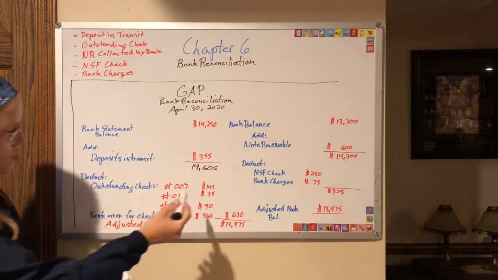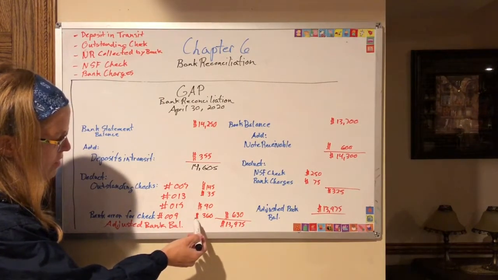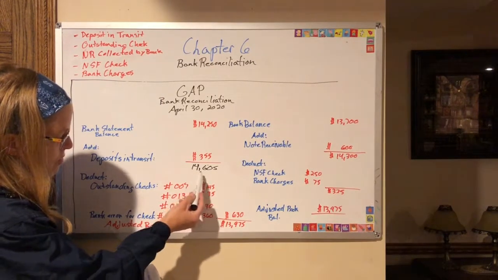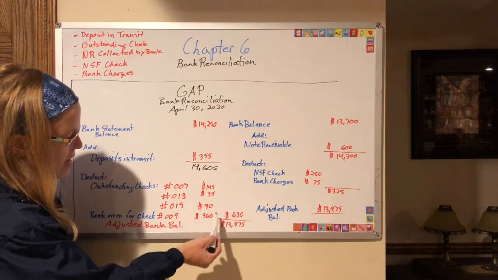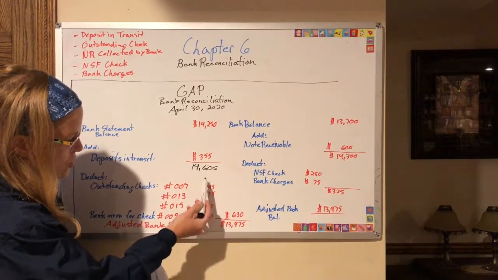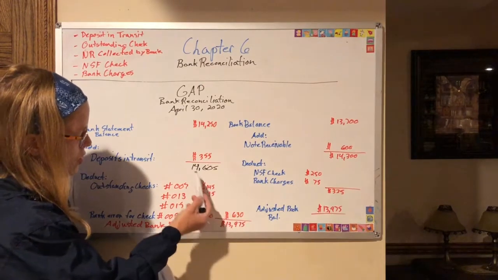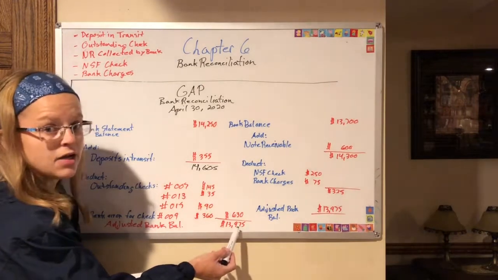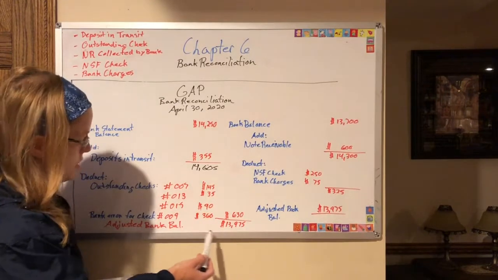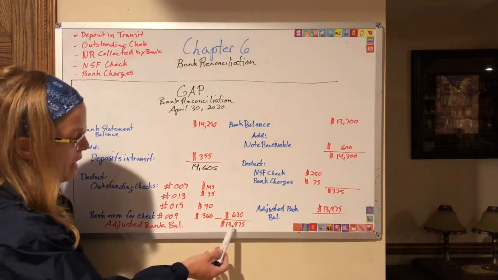And then we subtract all of these from the $14,605. So these total up to $630. So we get $13,975 as our adjusted bank balance.